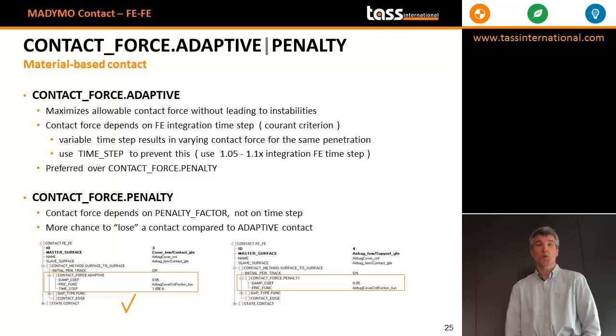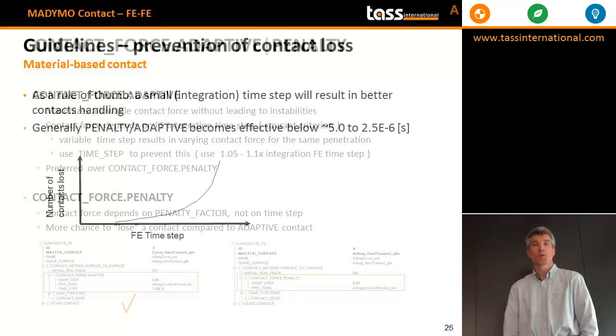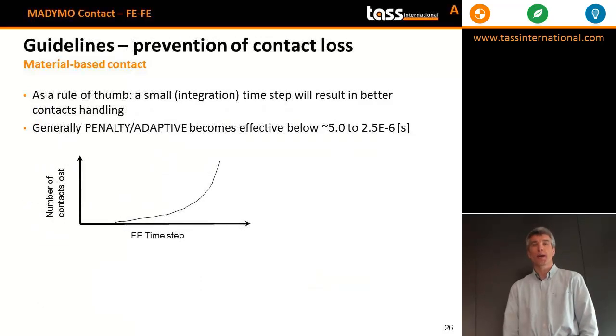On top of that, it's recommended to define some damping, because that is happening in reality as well. Well, some guidelines to prevent contact loss. Obviously, the smaller you make your time step, the more robust the contact will behave.